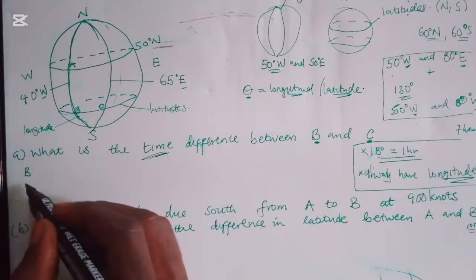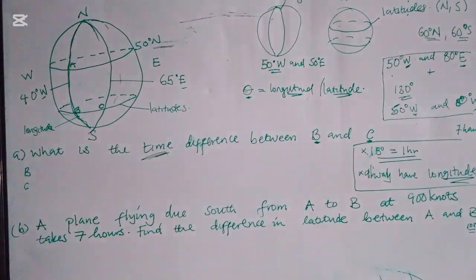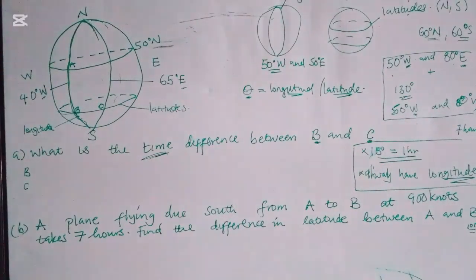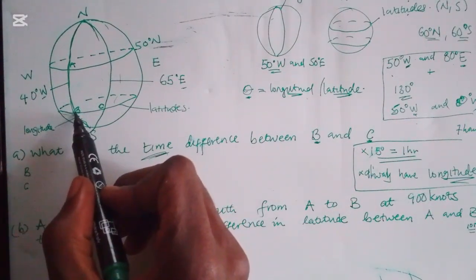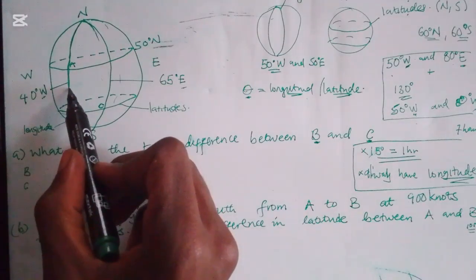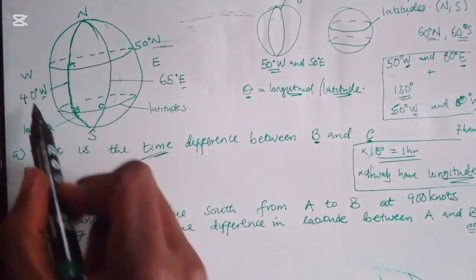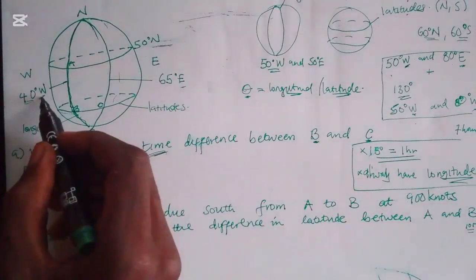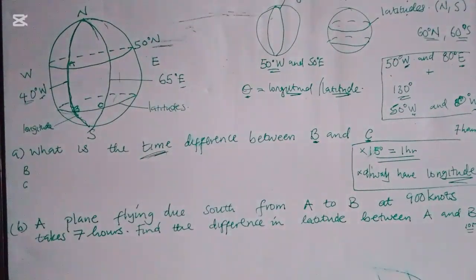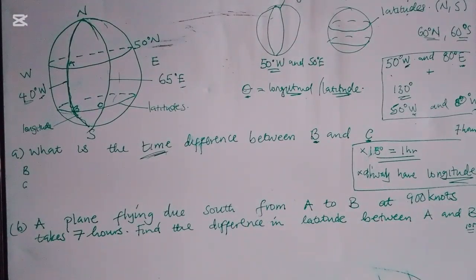When we go to B, we move up and here we have 40 degrees west. I told you whenever you hear west or east, those are longitude.